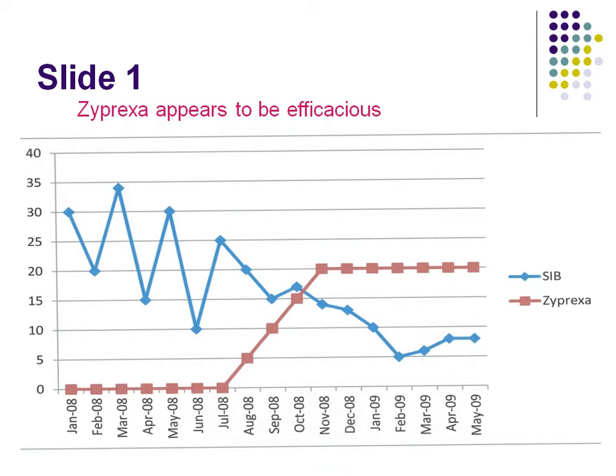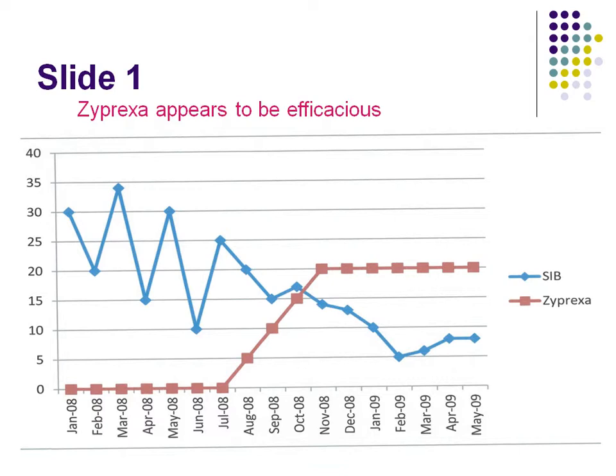They decided they would count all what they felt were significant incidents of self-injurious behavior at home, and they recorded the episodes. They brought them into the doctor. And you can see in January of 2008, there were 30 incidents a month. In February, there were 20, and then back up to 35.